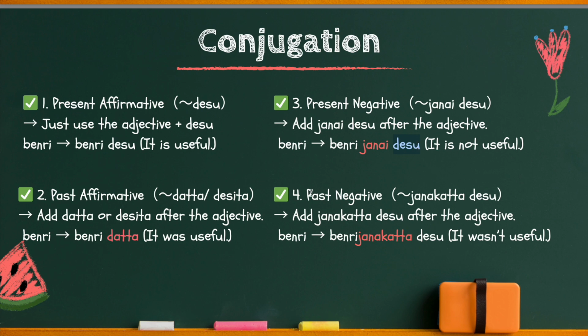Last one, past negative. It wasn't useful. This time, じゃなかったです. Add じゃなかったです after the adjective. So 便利 becomes 便利じゃなかったです. Once again, you can omit this.